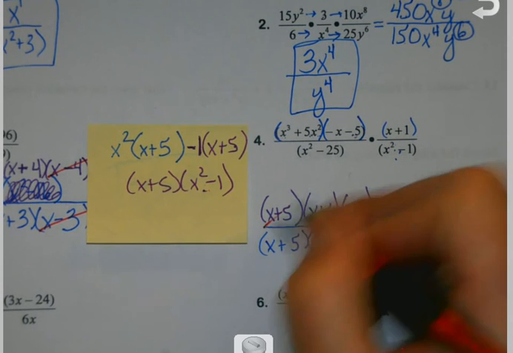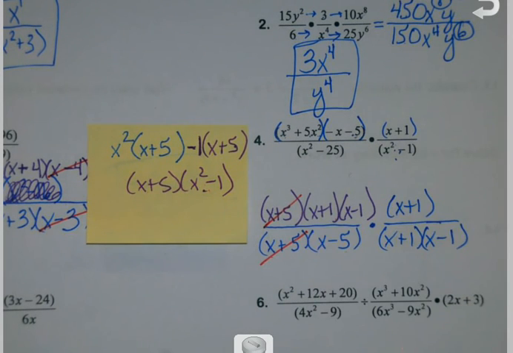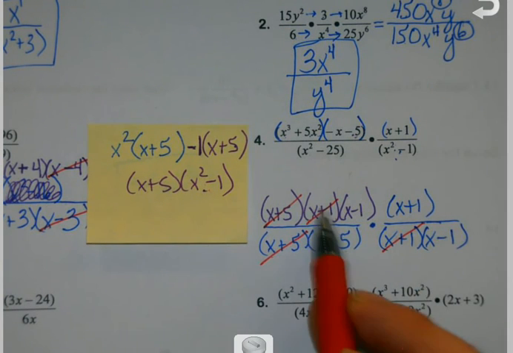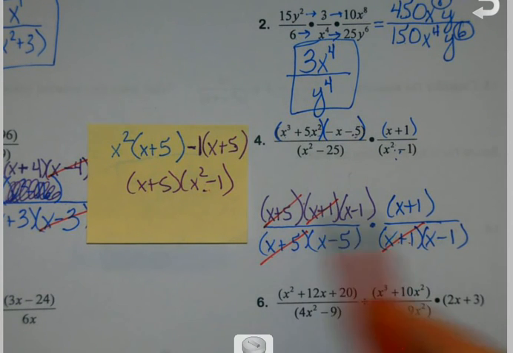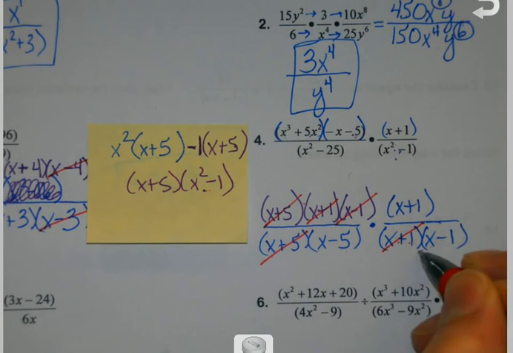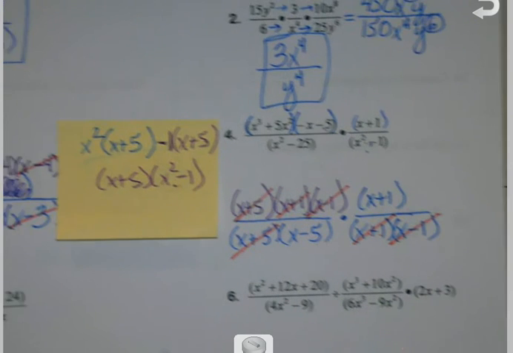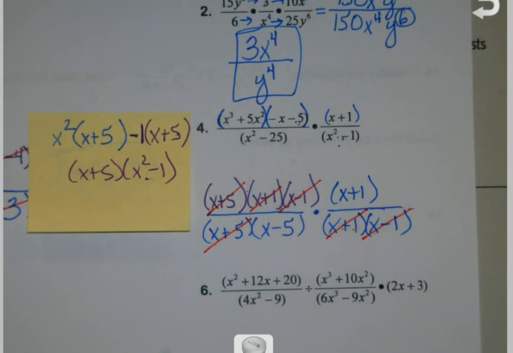But here's the fun part. I get to go cancel crazy here. I've got x plus 5s. I've got x plus 1. Okay, I can cancel these. I couldn't cancel sideways, just a reminder. And I can cancel the x minus 1s. So you wipe all that stuff out. Let's see what we've got left here.